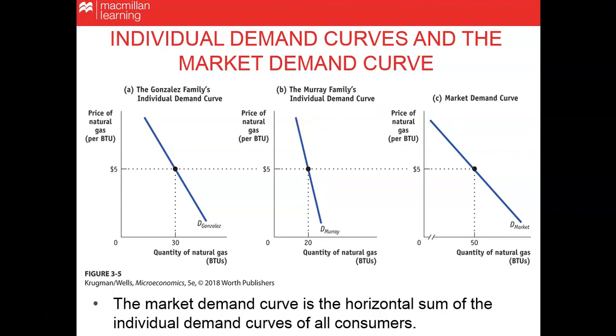If this is the United States, millions of families would be part of this market, and all of those hypothetically added together creates the market demand. Obviously, we don't know exactly what the Gonzalez family and the Murray family demand. It's impossible to count all that up, because the data just doesn't exist. But that's hypothetical. That is theoretically what this market demand curve represents. It's everybody's individual demand added together.